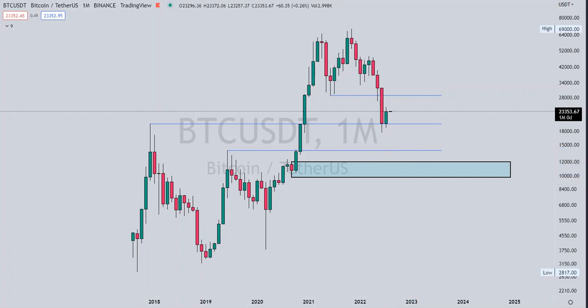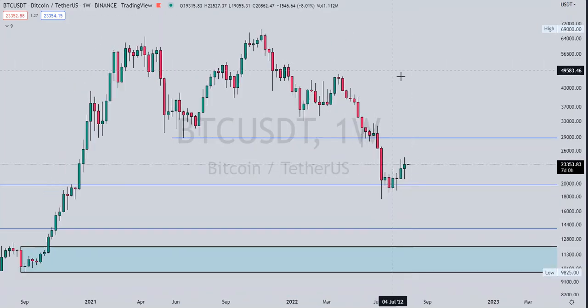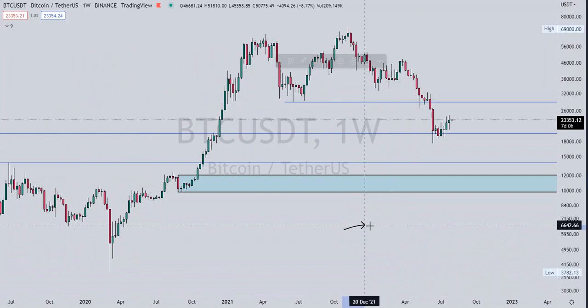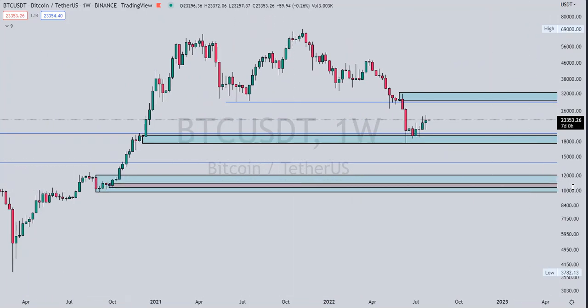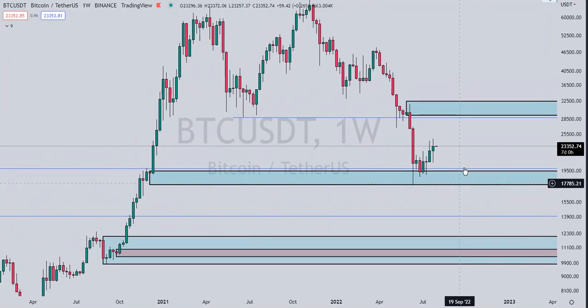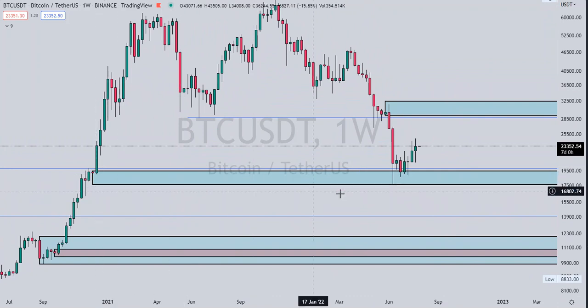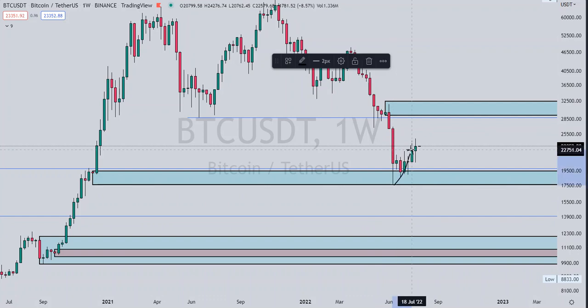Okay, let's go to the lower time frame, the weekly time frame. In the weekly time frame, we had this support area here, a very important support area, and the price showed a very nice bounce so far from this area.